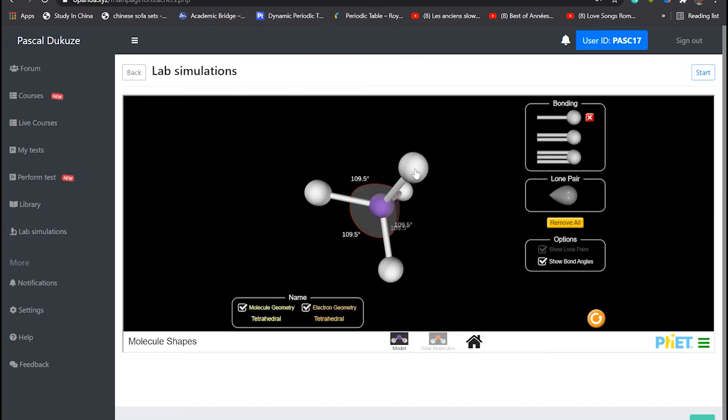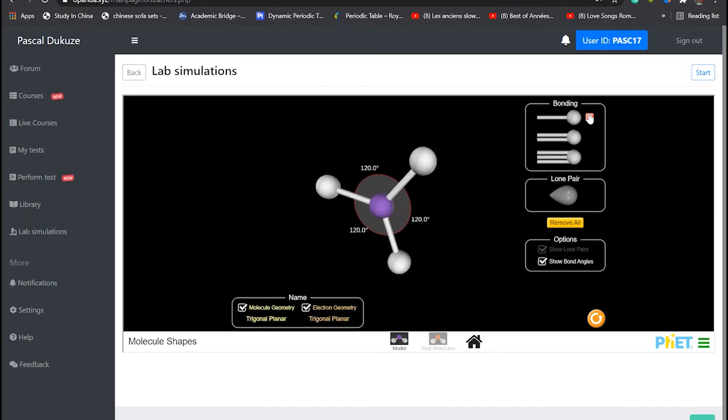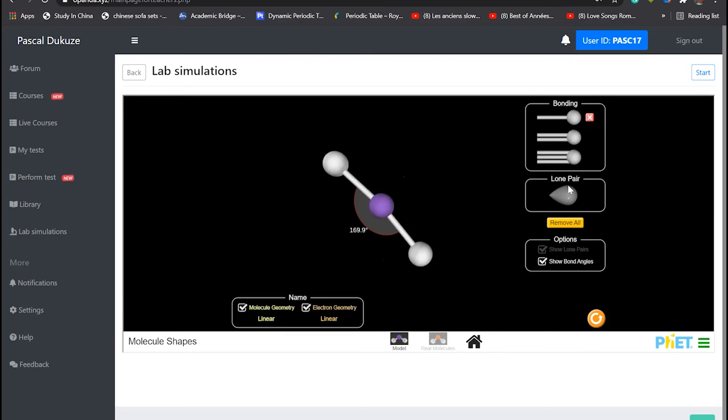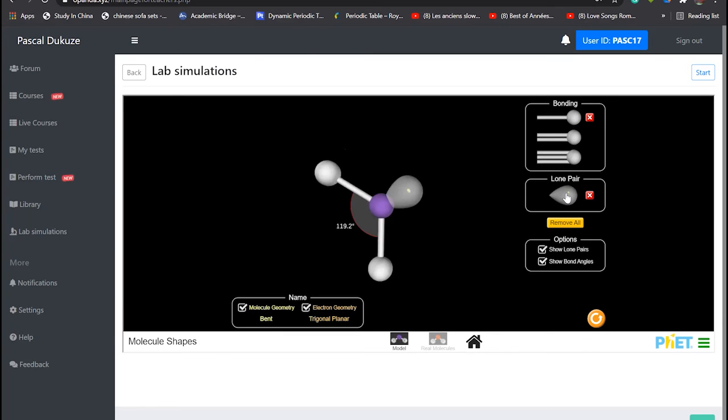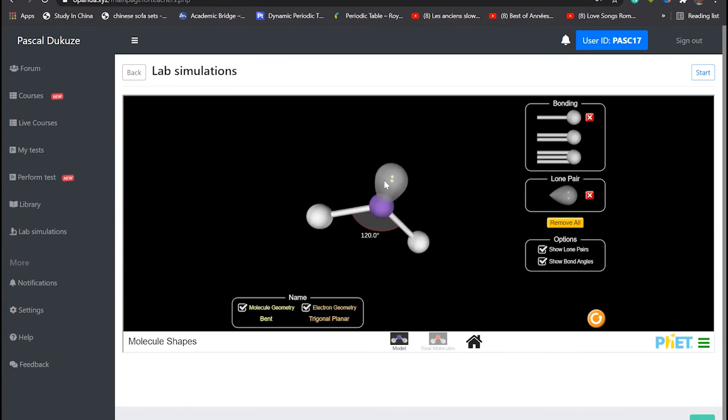Now let's check when we add lone pairs. On adding a lone pair, look, now it has changed. It was supposed to be 180. Why? Because we have 2 bonding pairs. But remember, this lone pair we have up here occupies a larger space and creates a stronger repulsion.